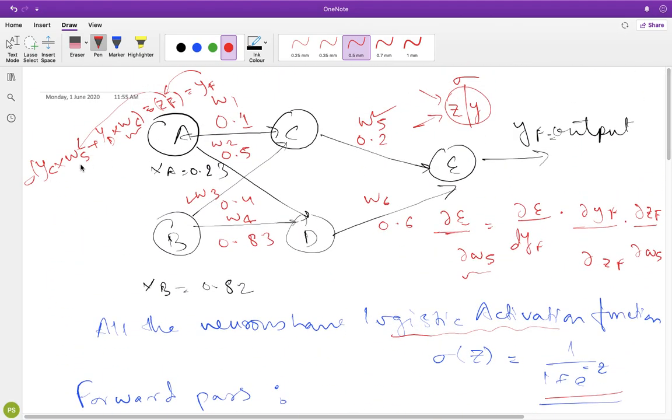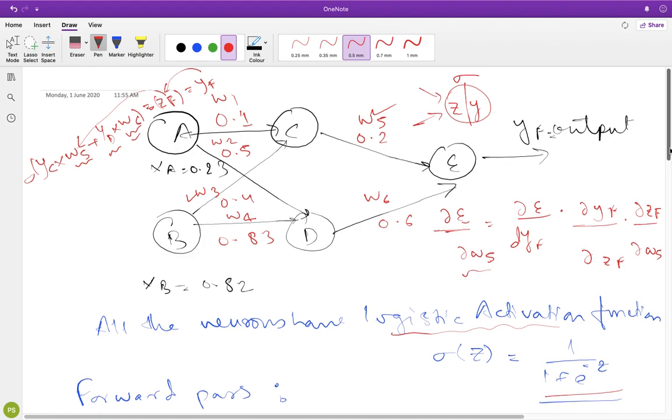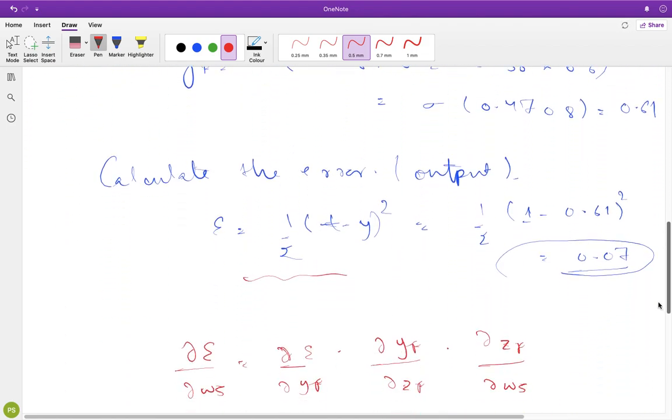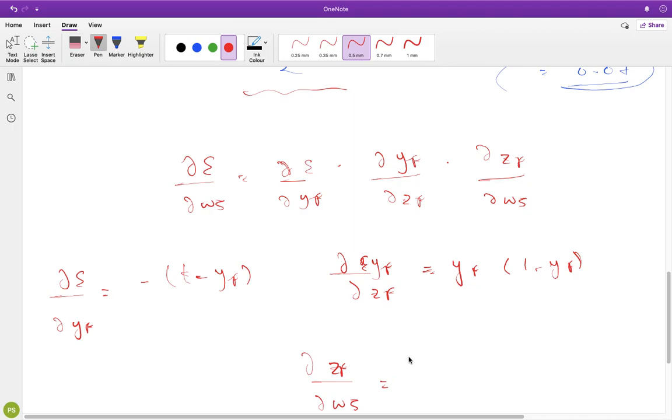So zf is equal to yc into w5 plus yd into w6. Since we calculate the derivative with respect to W5, W6 becomes a constant. So it will become yc into 1 plus yd into 0.